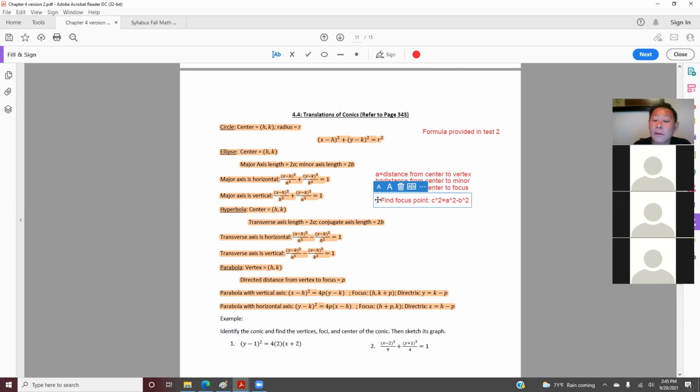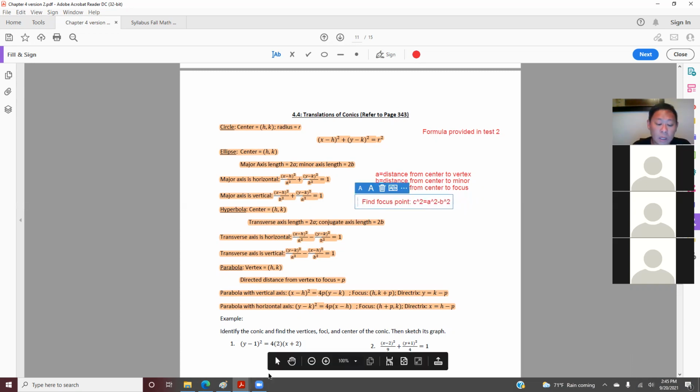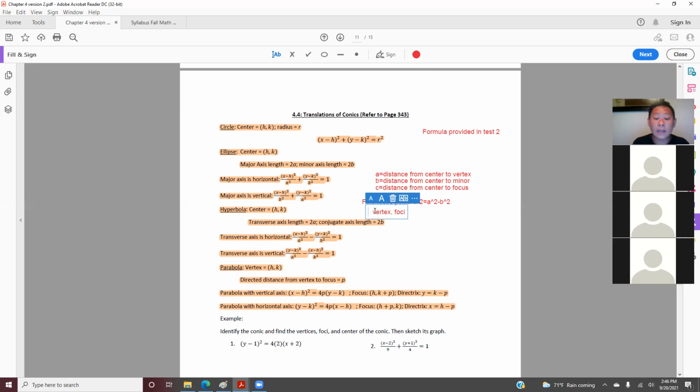And in this case, the vertices and foci all have to be written as coordinates.